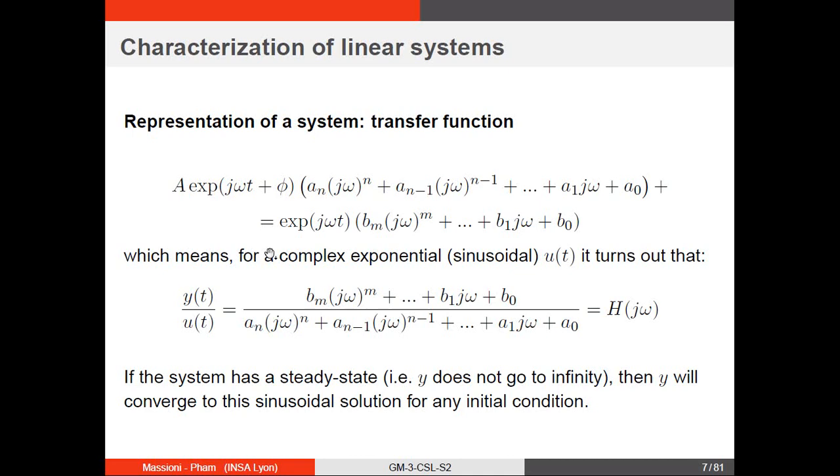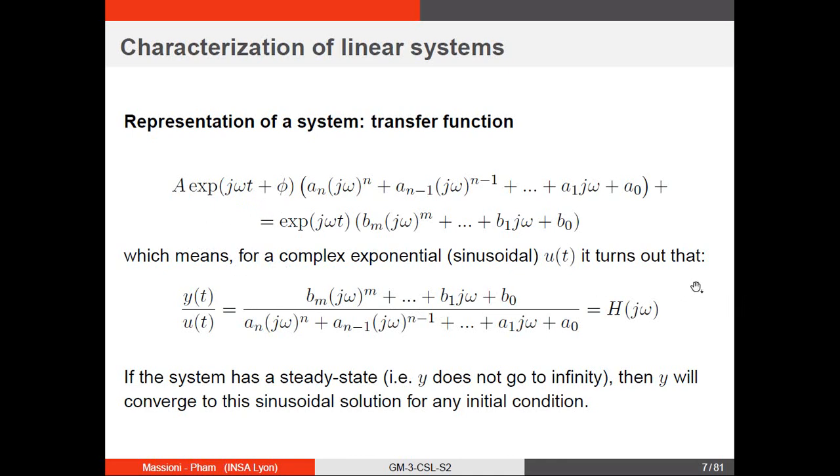Okay, so basically y equals u, so they are both sinusoidal, this only if they are sinusoidal. Y equals u times h of j omega. Remember, h of j omega is a complex number, so it has a modulus and a phase, and basically this modulus and the phase are those that you find here, modulus and phase.